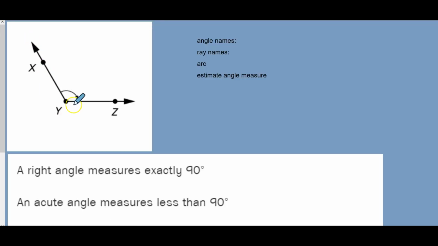So let's look at this angle. What can we name this angle? I need to remember that my vertex must be the middle letter in the name. So I can call this angle XYZ, or I can call it ZYX.